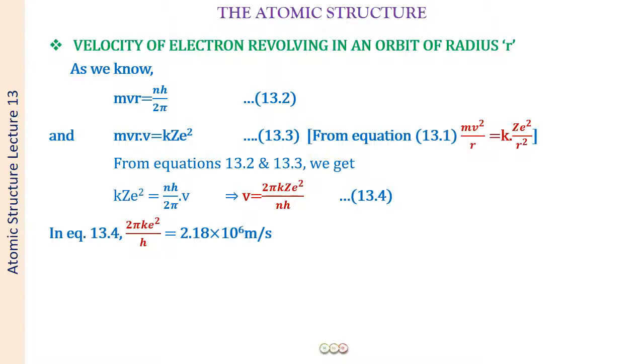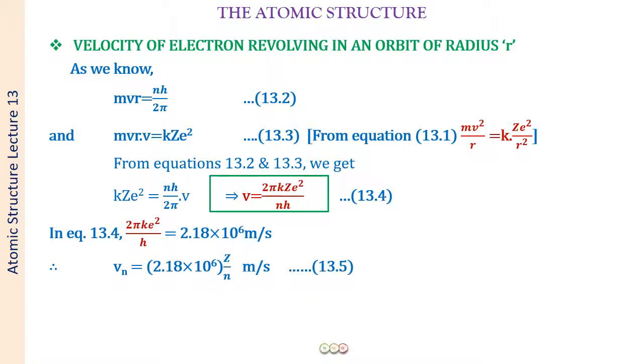So you do not need to calculate this every time when you are solving your numericals. If you know this, you just have to simply put this in and multiply that by Z and divide it by n, and you will get the velocity of the electron, right? So we have the velocity of the electron to be 2.18 into 10 power 6 into Z by n meter per second.